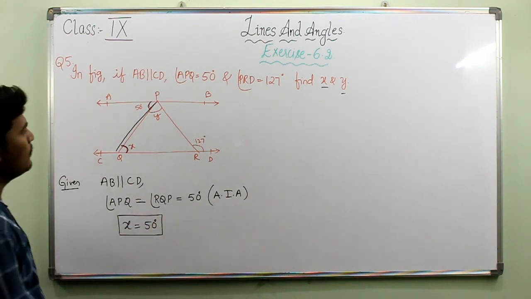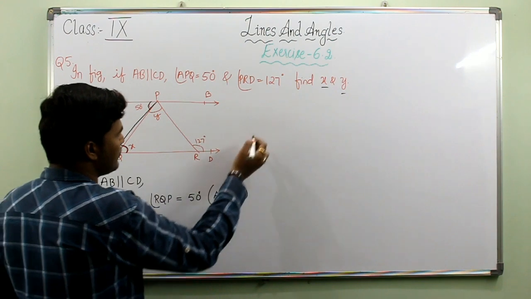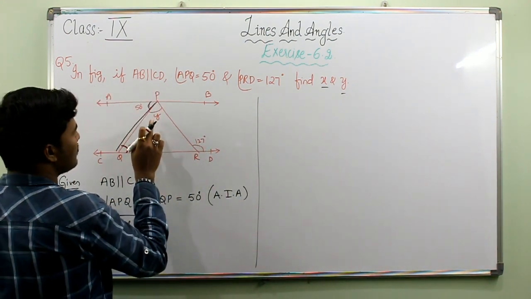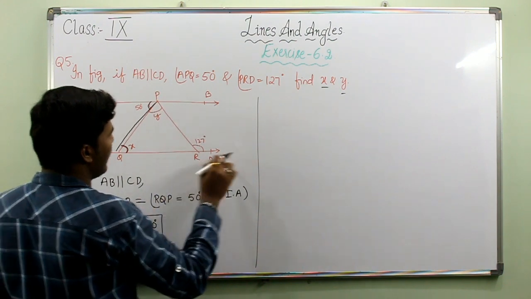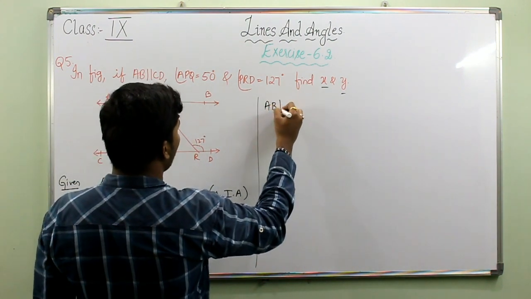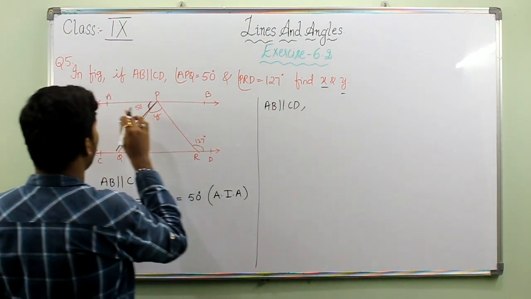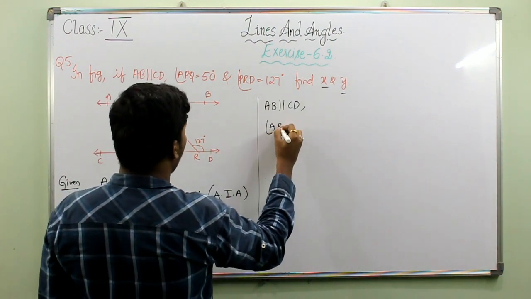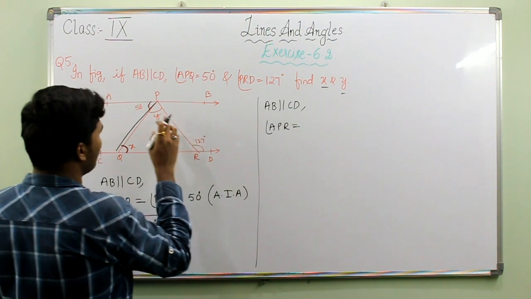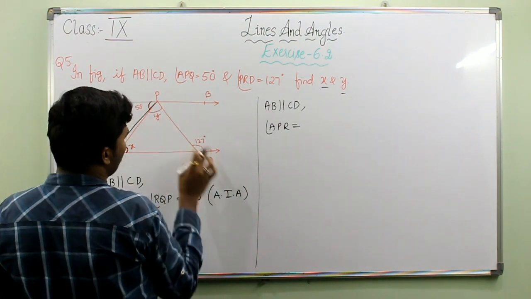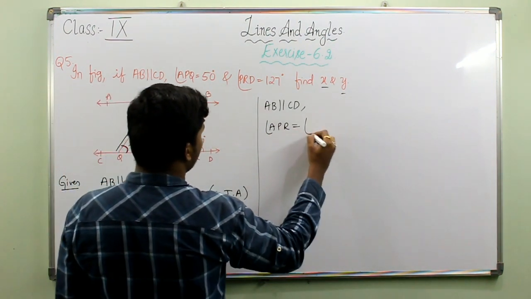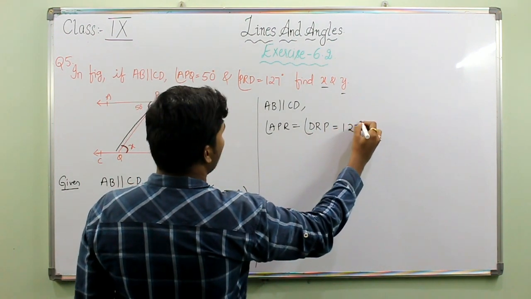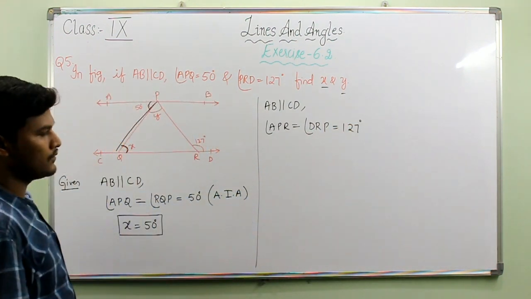Now let us see this side, that is, we have to find the Y. Again, AB is parallel to CD. Angle APR is equal to DRP, which is equal to 127 degrees.